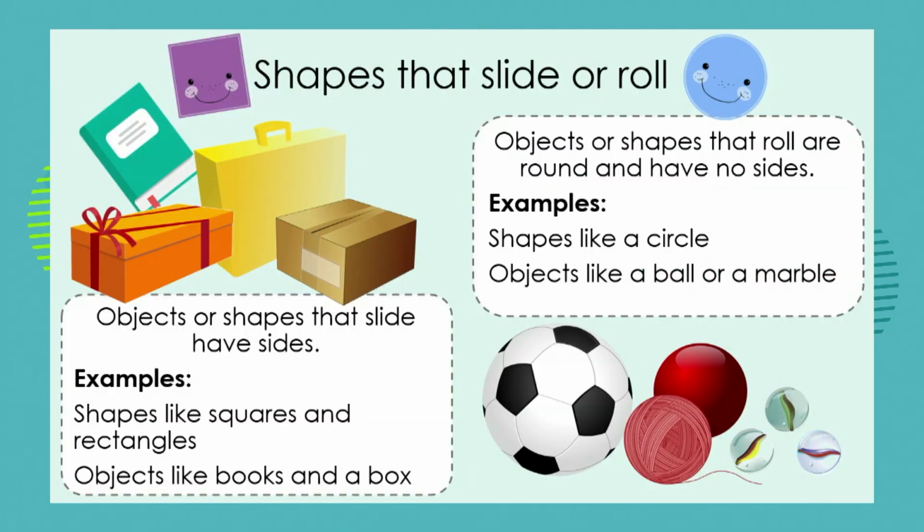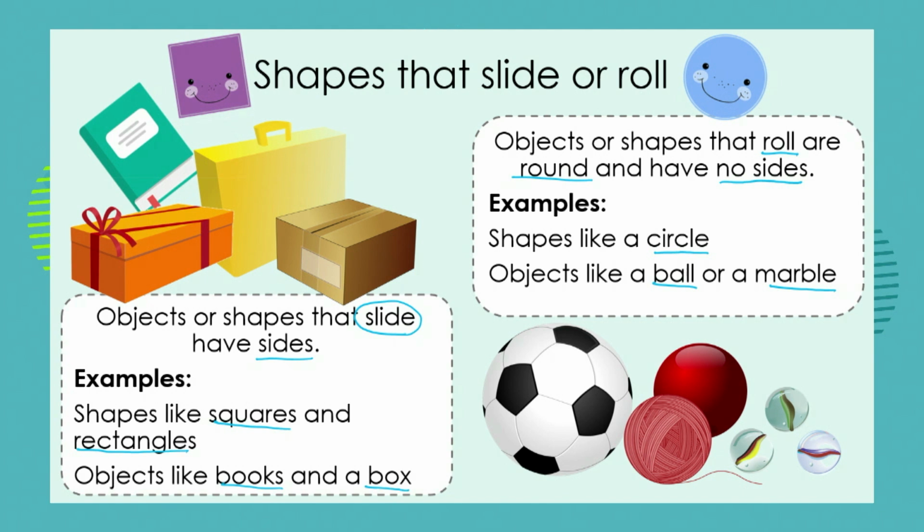Shapes that slide and roll. Let's have a look. Objects or shapes that roll are round and have no sides. Examples are shapes like a circle and objects like a ball or a marble. Objects or shapes that slide have sides. Shapes like a square and rectangle, and objects like a book or a box.